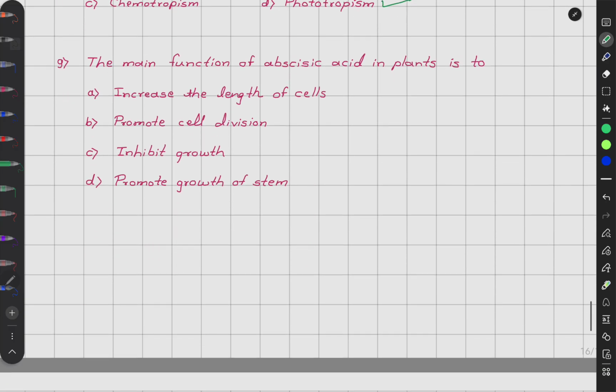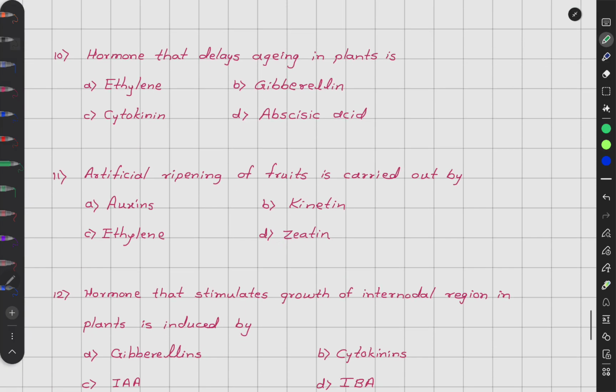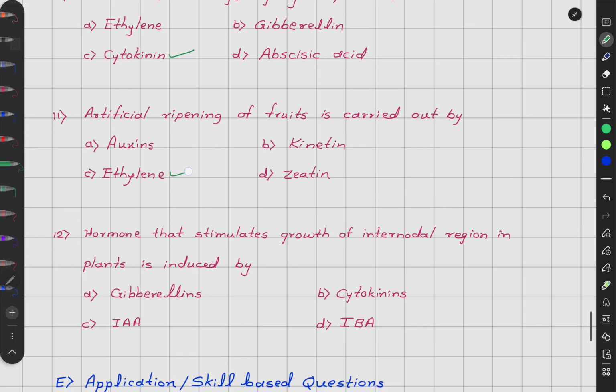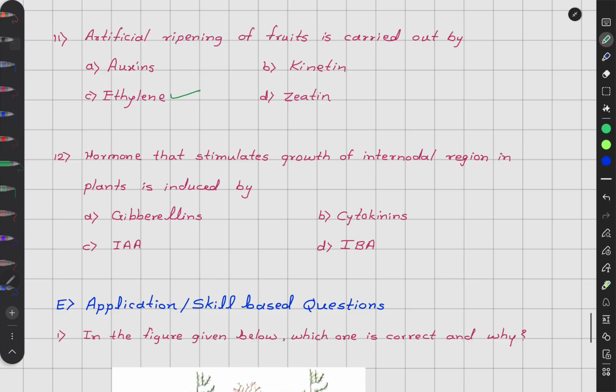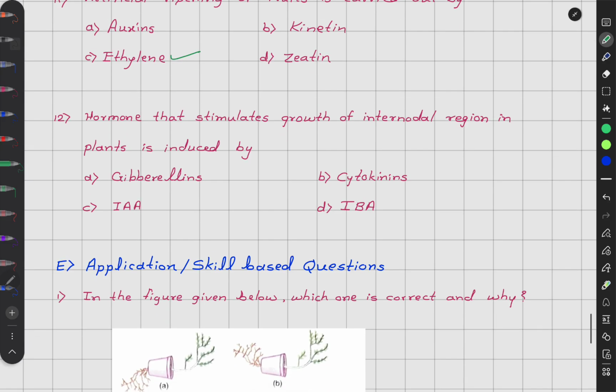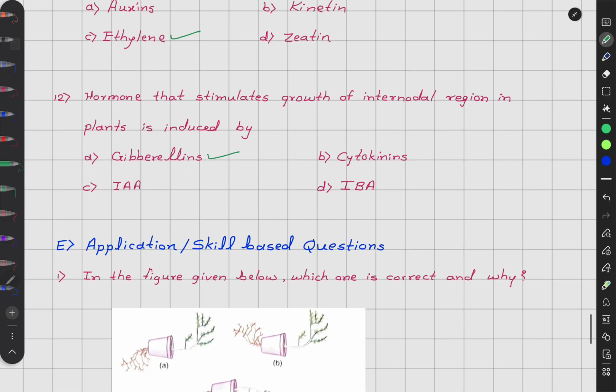The main function of abscisic acid in plants is to inhibit growth. Question number 10: hormone that delays aging in plants is cytokinin, and artificial ripening of fruits is carried out by ethylene hormone. Question number 12: hormone that stimulates growth of internodal region in plants is gibberellins. It is option A.